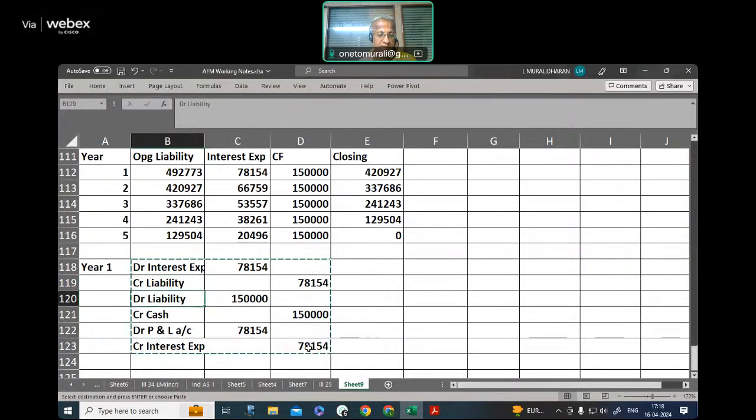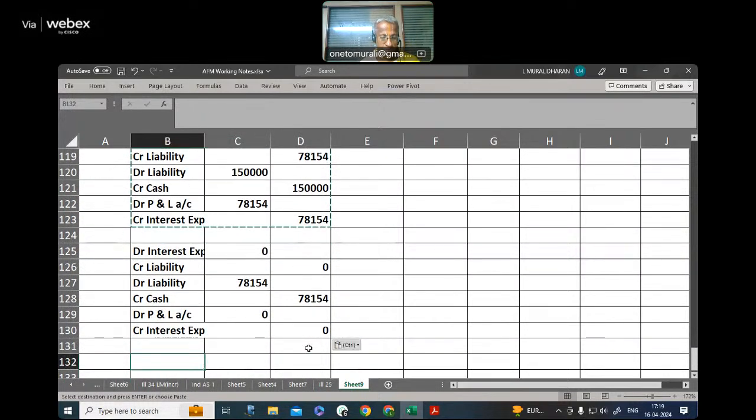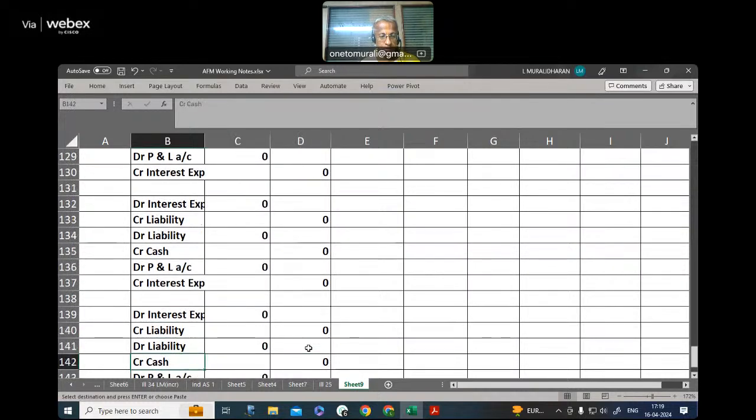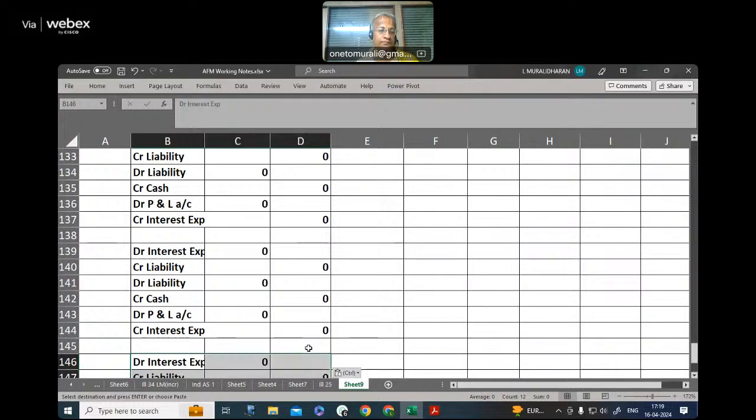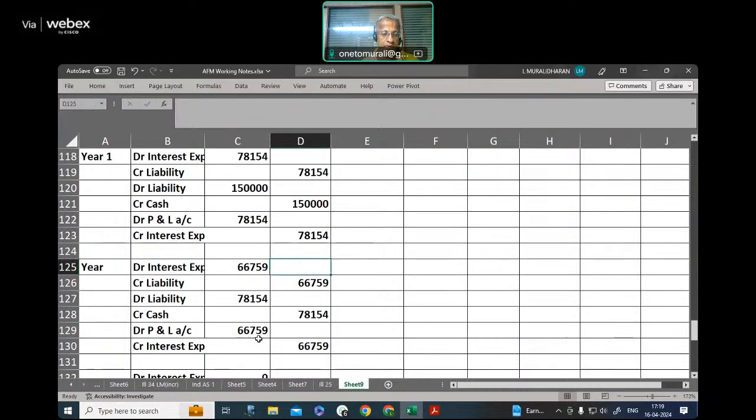So likewise for year number 2, interest expenditure, year 2.